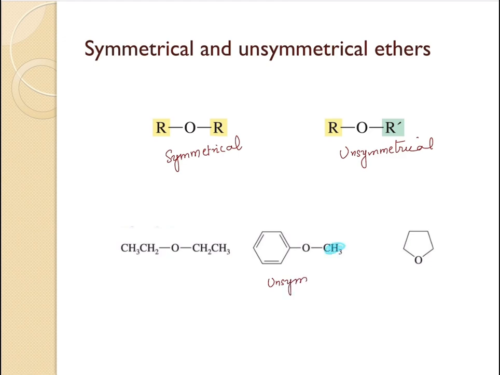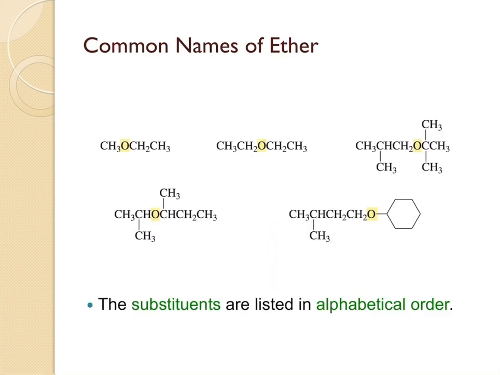So you have a methyl group here, and you have an aryl group here, right? And then the next one is tetrahydrofuran. This is a symmetrical ether. This is also a symmetrical ether, where you can see that there is some sort of symmetry in this molecule. This is also an example of a symmetrical ether.